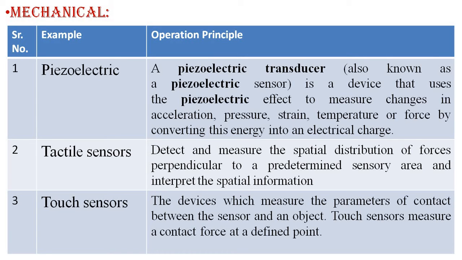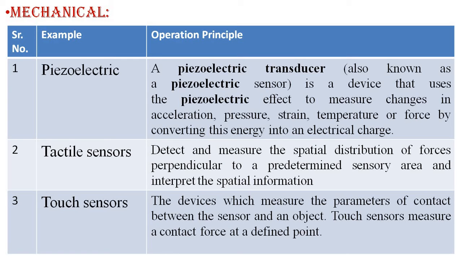A piezoelectric transducer, also known as a piezoelectric sensor, is a device that uses the piezoelectric effect to measure changes in acceleration, pressure, strain, temperature or force by converting this energy into an electrical charge. So whatever mechanical parameters are converted into electrical form, that is known as a piezoelectric sensor.